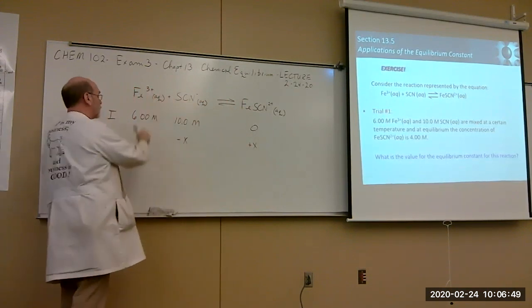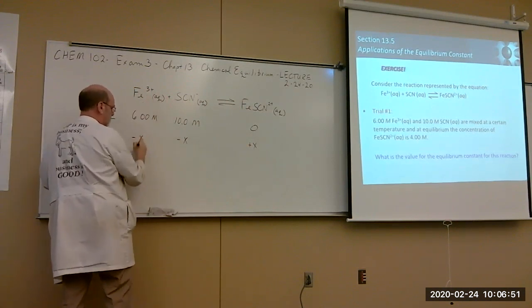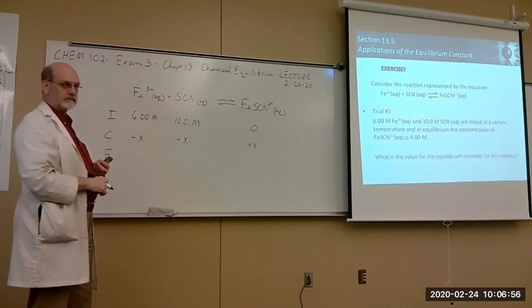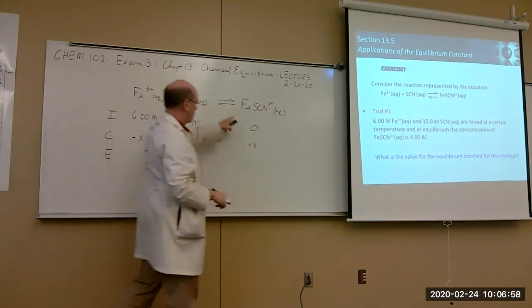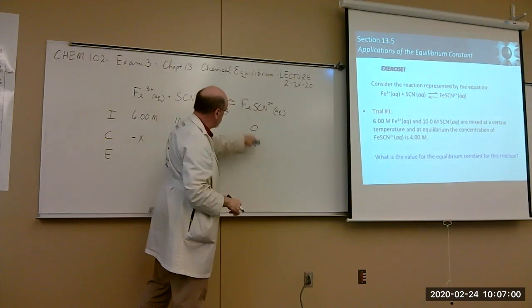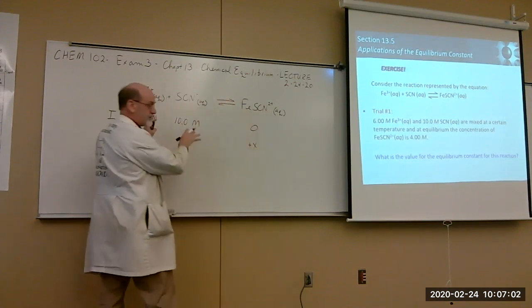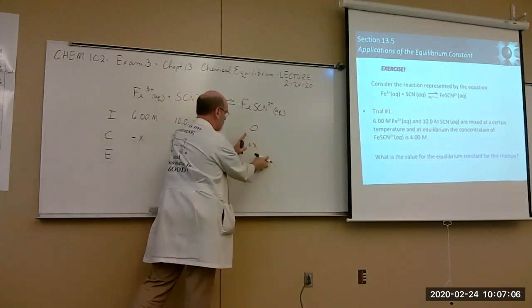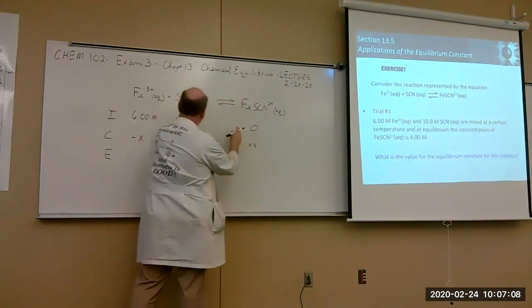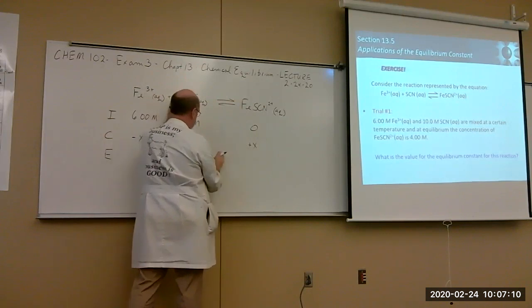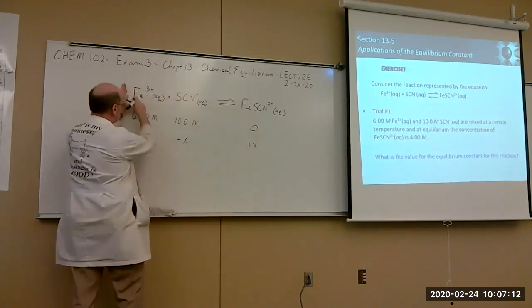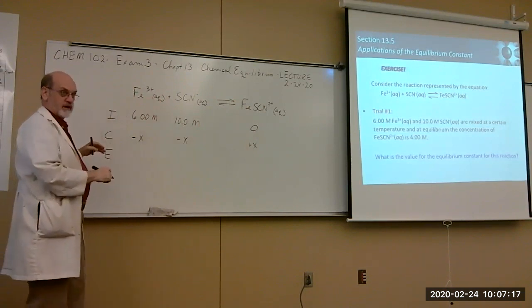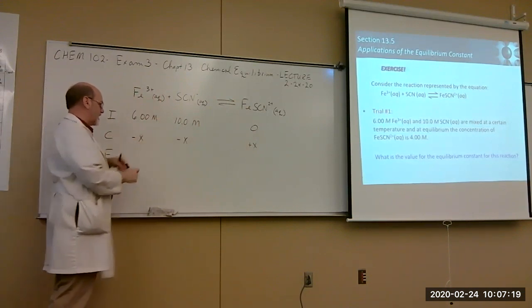But we're also going to lose the same amount of this one. Everybody see that? Based on the coefficients, if we add a certain amount here, and this is in molarity, then we have to subtract the same amount over here. But we also have to subtract the same amount here because it's 1 to 1. And that's the change. We're subtracting here, adding there.